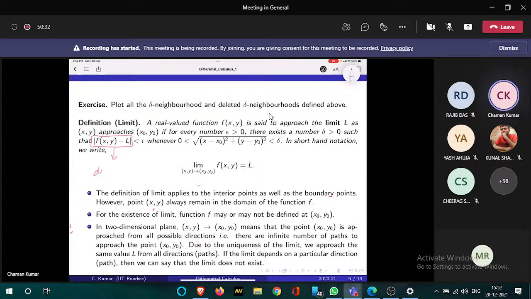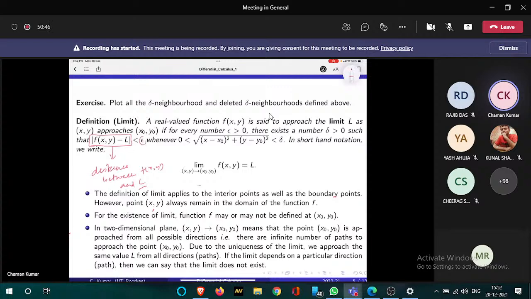This means the distance between the value of the function and the constant L. So this distance is less than epsilon, and this is a very small quantity, very small number, but not zero. It is a small number but not zero. So that means f is very close to L.